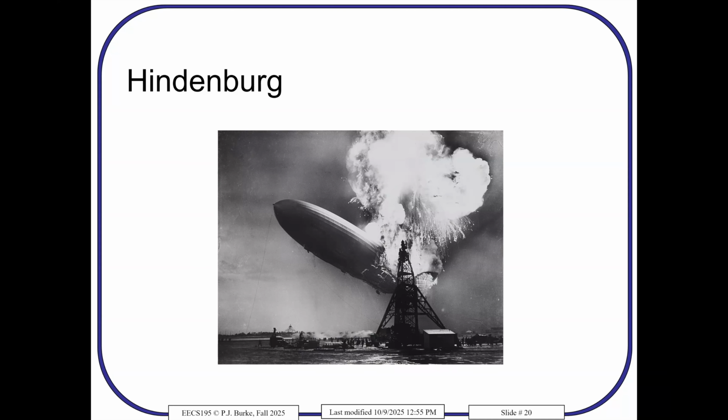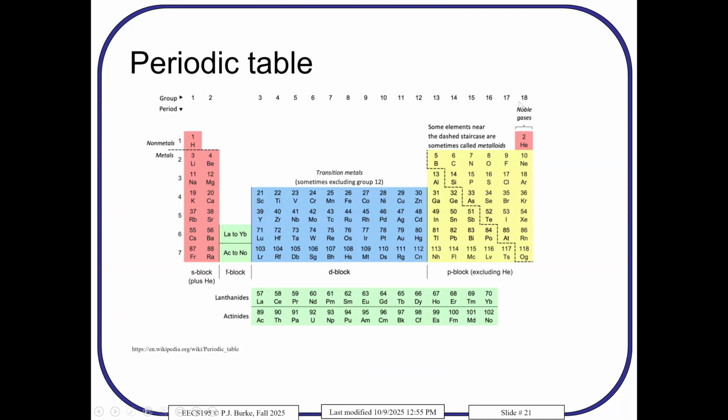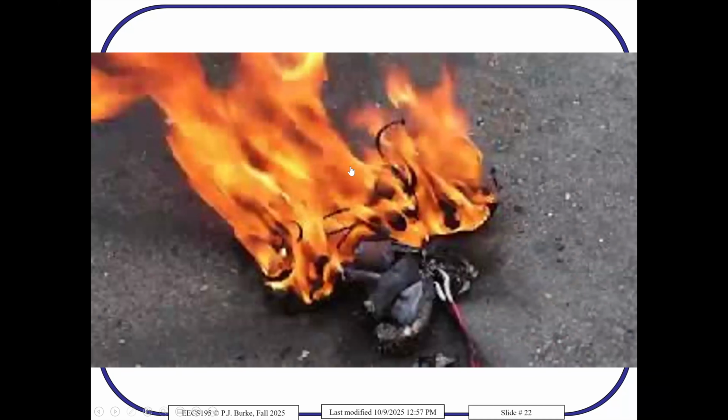So lithium is also extremely reactive. That's good and bad. It's good for the battery function, but it's bad for the safety. If you use pure lithium as the metal electrode, the lithium itself will burn.